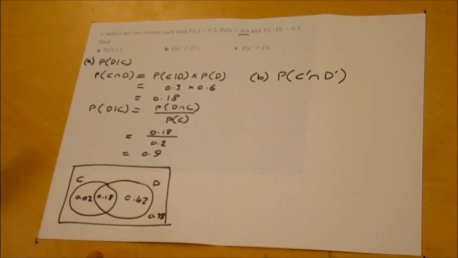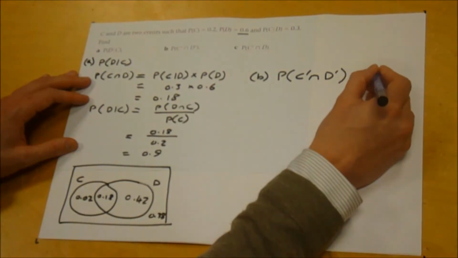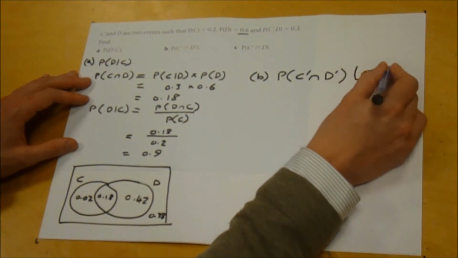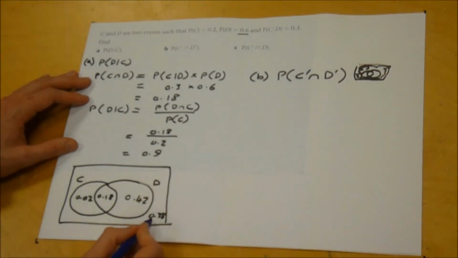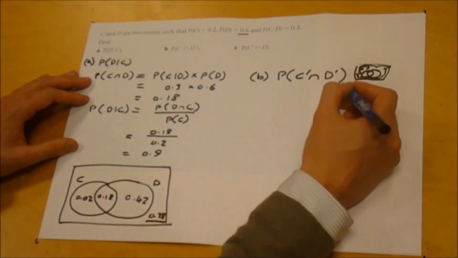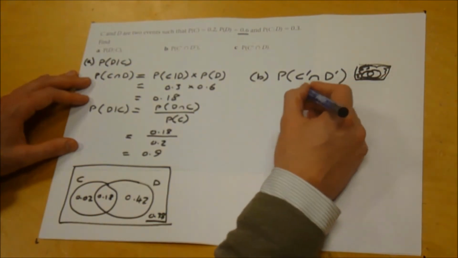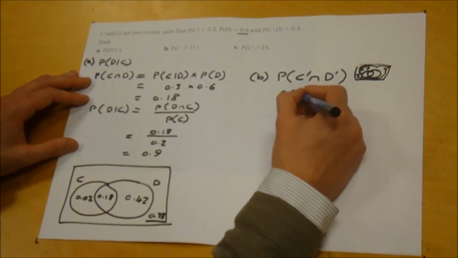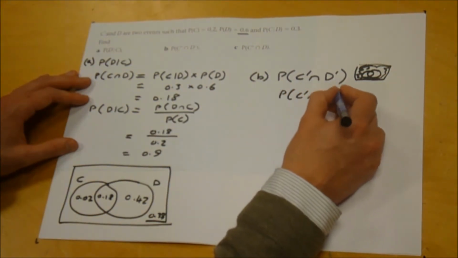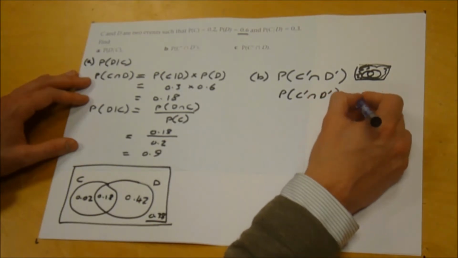So the only place that neither C or D are occurring is this bit outside around the edge. So it's this bit here, this 0.38.